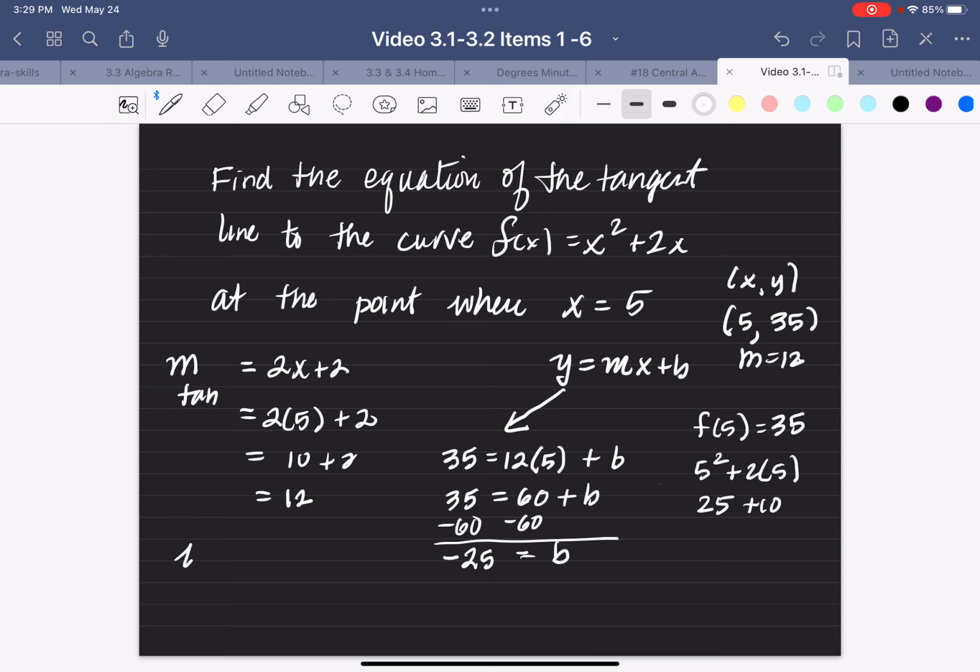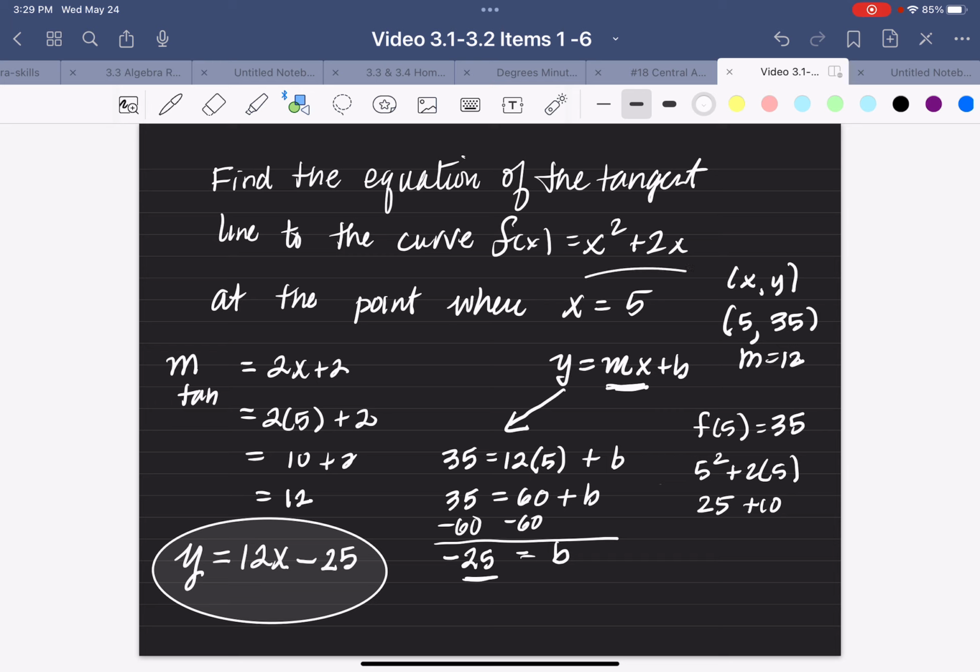So our equation is y equals 12x, that's the mx, and our b is negative 25, so minus 25. So that would be the equation of the tangent to this curve, x squared plus 2x, when x is 5. y equals 12x minus 25.